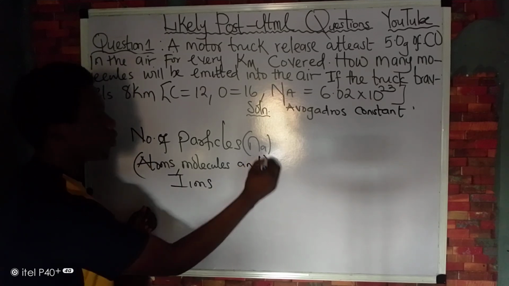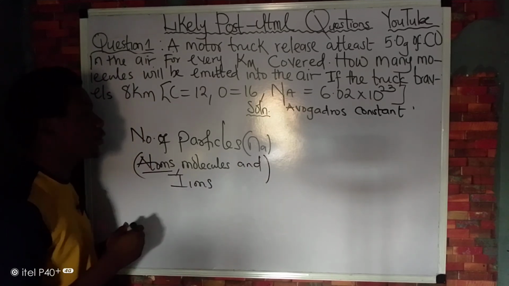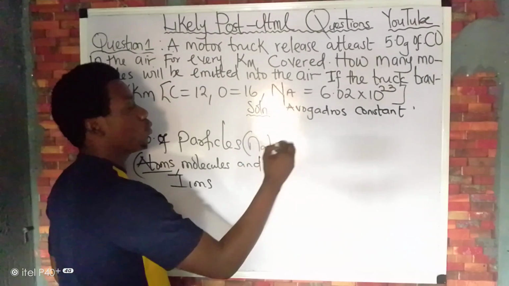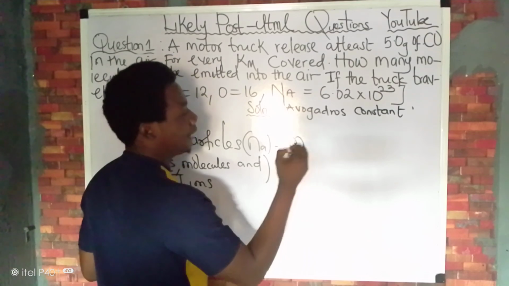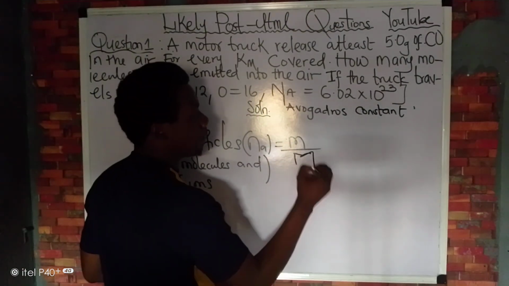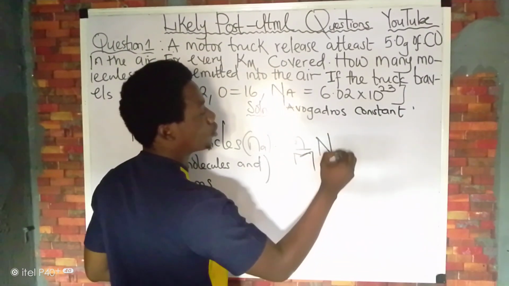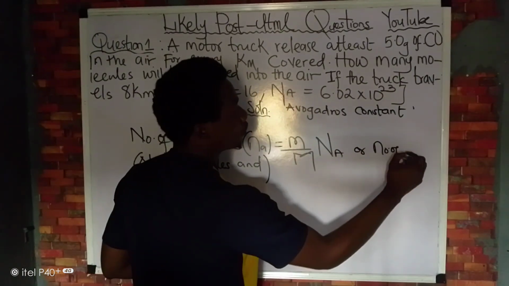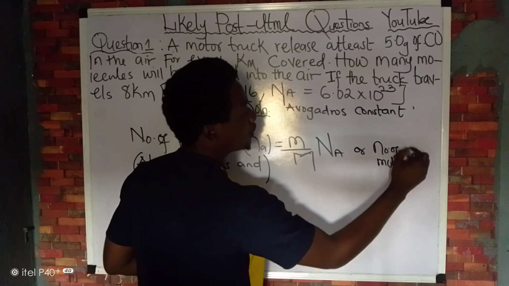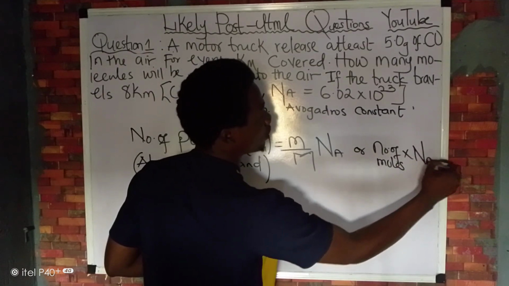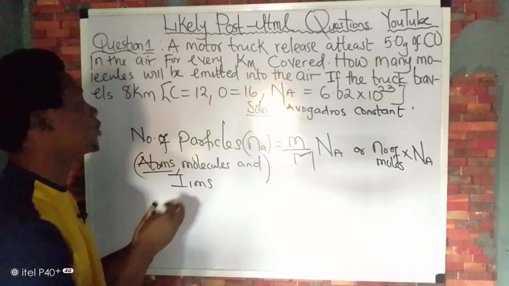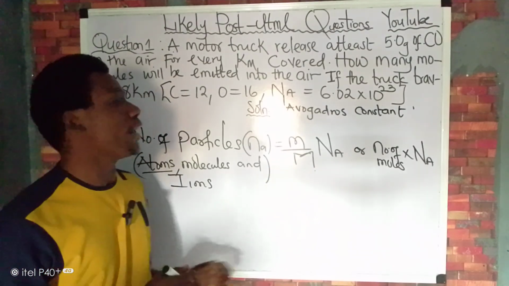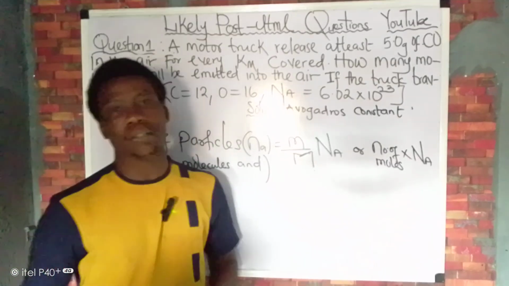So if you are looking for number of atoms, molecules, or ions, it is equal to reacting mass over the molar mass times your Avogadro's constant, or it is number of moles times your Avogadro constant. So you can determine your number of particles with mass over molar mass times Avogadro constant, or you can use the number of moles times Avogadro's constant.